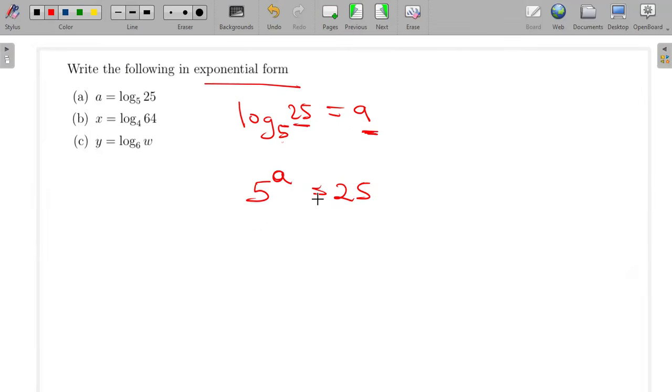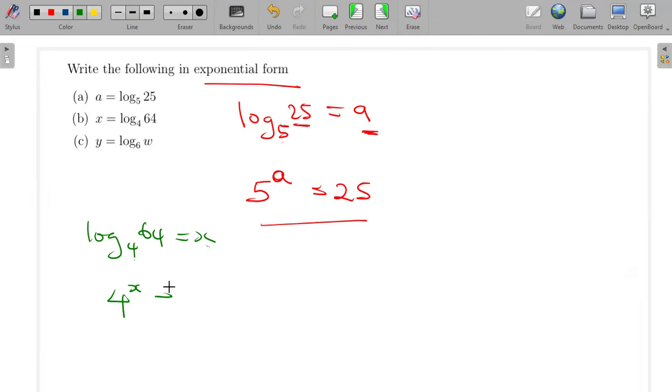So we've written it in the exponential form. They didn't tell us to find a or anything. You just write it in exponential form. So that's how you do it. Next, we have log base 4 of 64 is equal to x. Rewriting it, the base is 4. The exponent, which is the answer there, is going to be x.